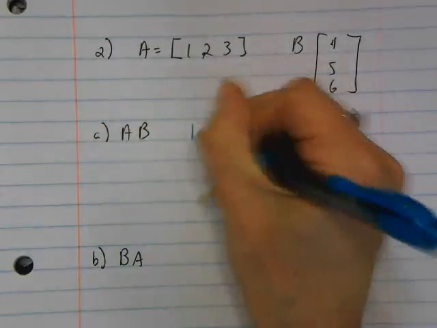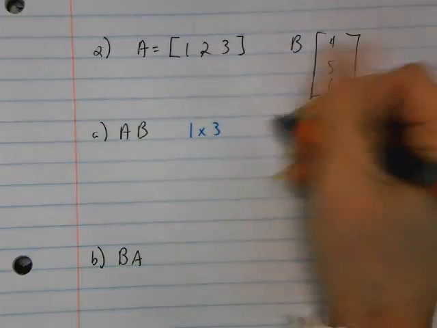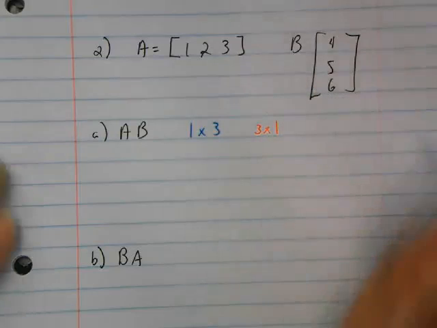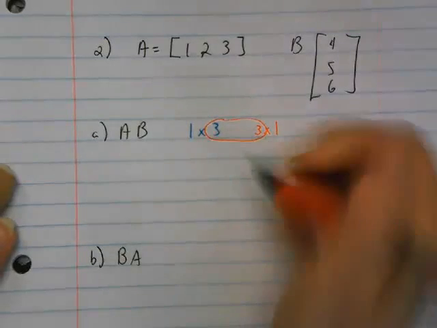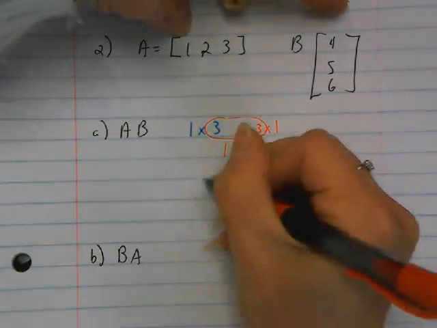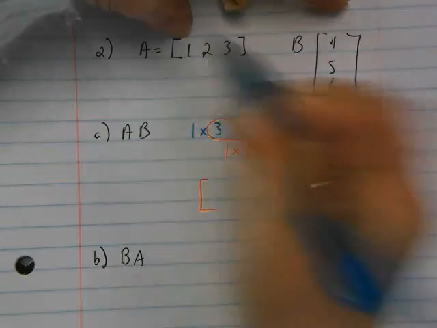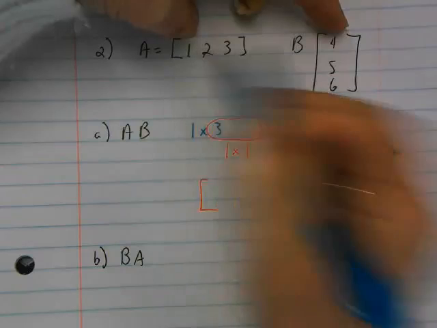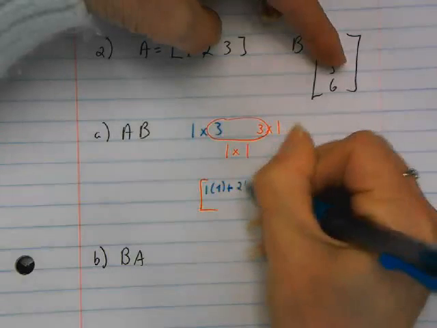So I'm just going to have one answer. So I'm going to multiply 1 times 4 plus 2 times 5 plus 3 times 6. So that gives me 4 plus 10 plus 18, which is 32, if I did my math right.